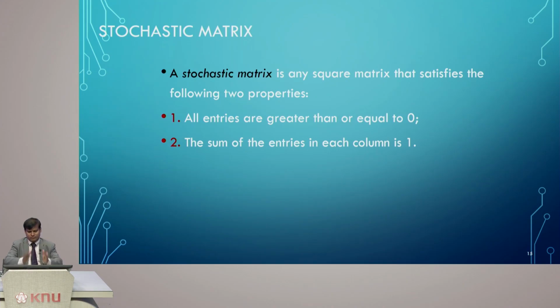Remember, we are putting the next state information in this column matrix, and it is in fact the probability. So the sum of all the probabilities of that particular state should be 1 for any transition matrix or stochastic matrix. That is the simple thing that you can keep in mind.